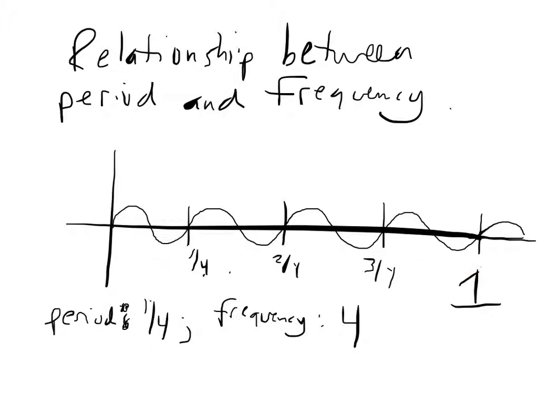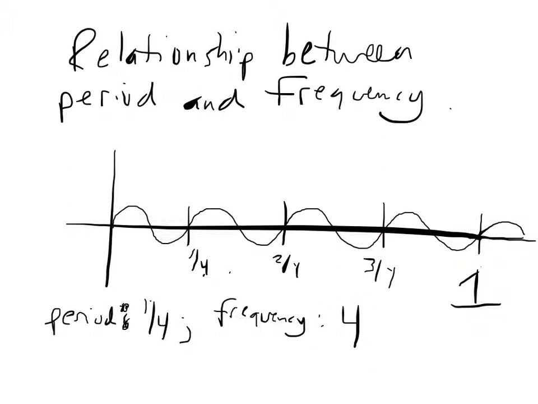My period then we know is 1/4 if it repeats 4 times in 1 unit. Period is 1/4. The frequency would be the reciprocal of 1/4, which is 4. So in other words, the frequency is: in 1 unit on my x-axis scale, how many times does the periodic object repeat itself?